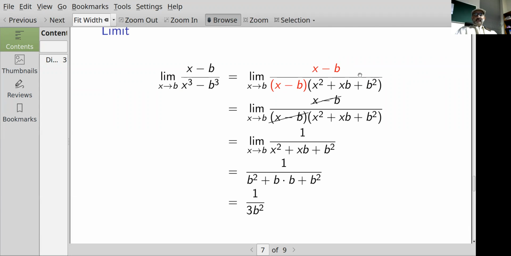So we've got 1 over b squared three times, or 1 over 3b squared. Okay, so that's one example of where using the difference of positive integer powers formula allows you to do a simplification, which then allows you to do the limit.